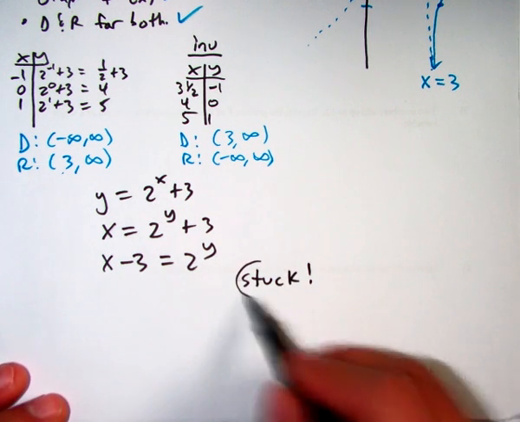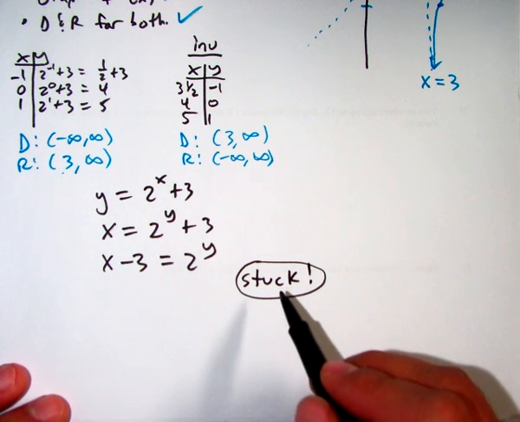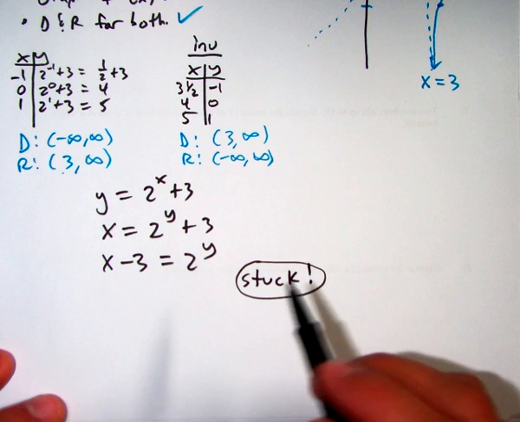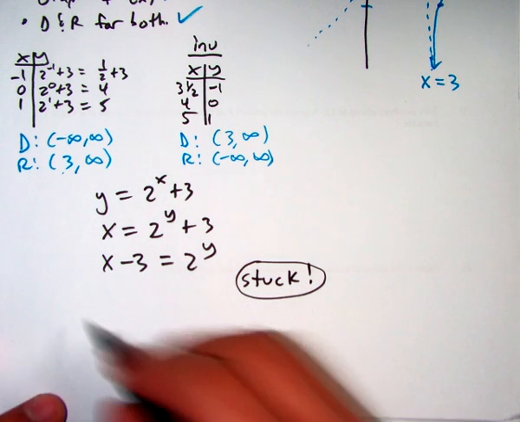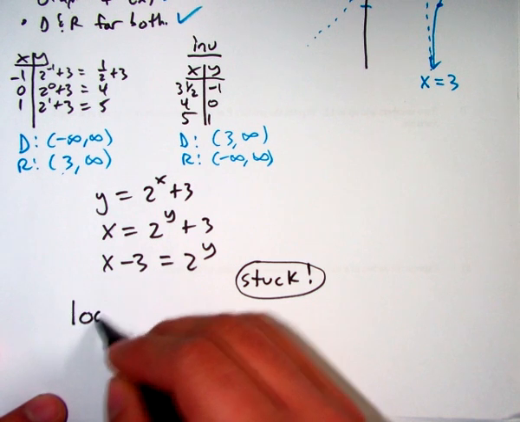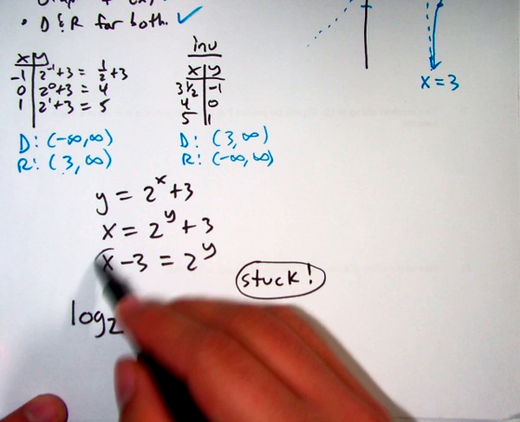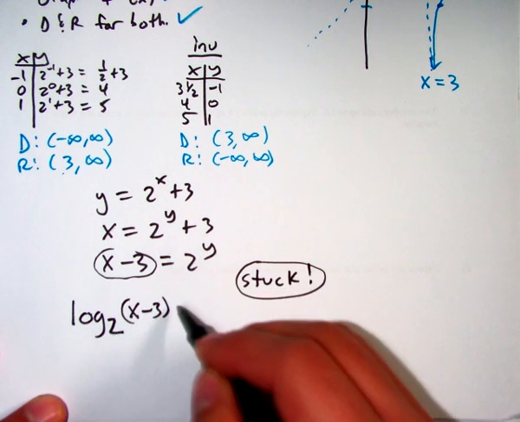When you get to this point, this is a perfect time to switch the mode. So currently this is an exponential format. If we switch this to log form, let's do that. So this would be log, the base is 2, the argument is going to be x minus 3, and the exponent is going to be y.